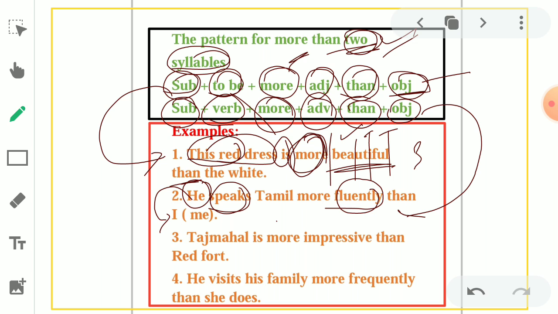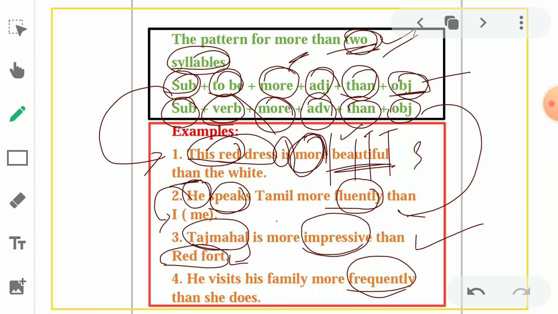Then the third one, Taj Mahal is more impressive than Red Fort. Taj Mahal and Red Fort are compared about their impressive quality. Then, he visits his family more frequently than she does. So it's about an action performed by two persons, she and he.